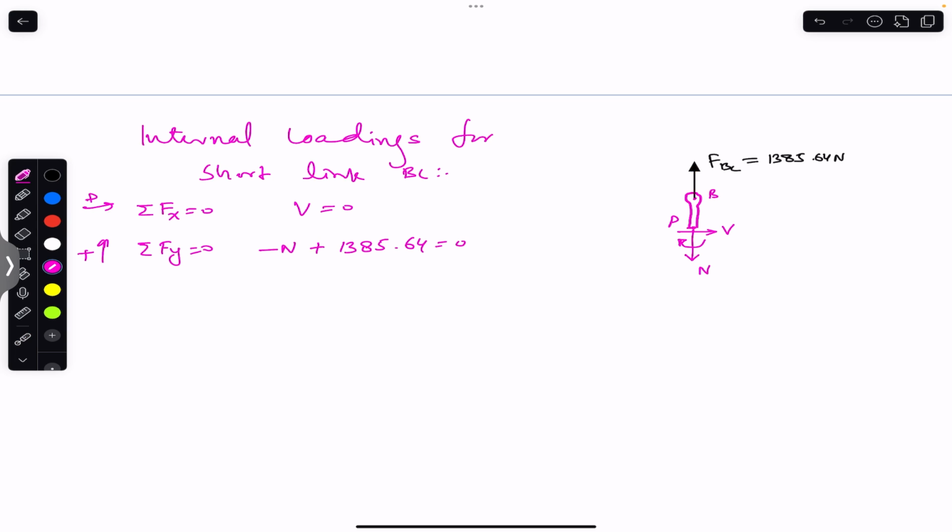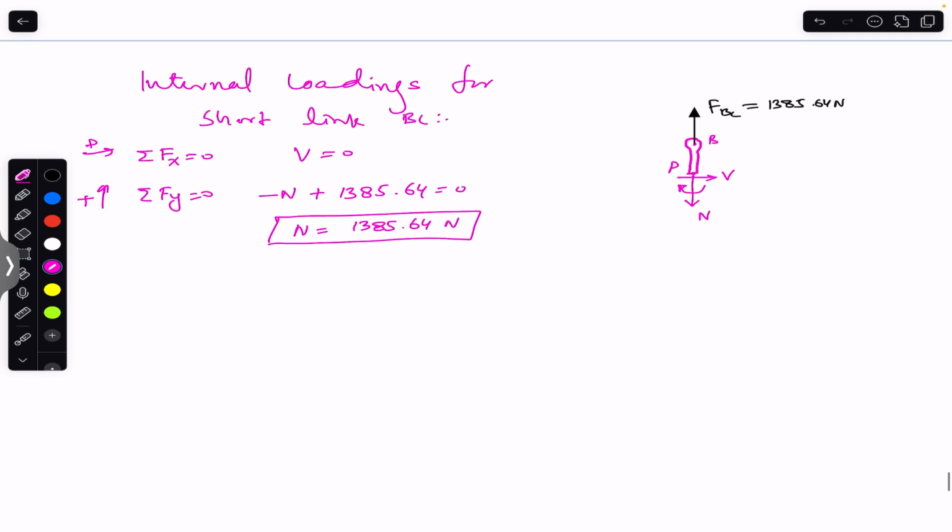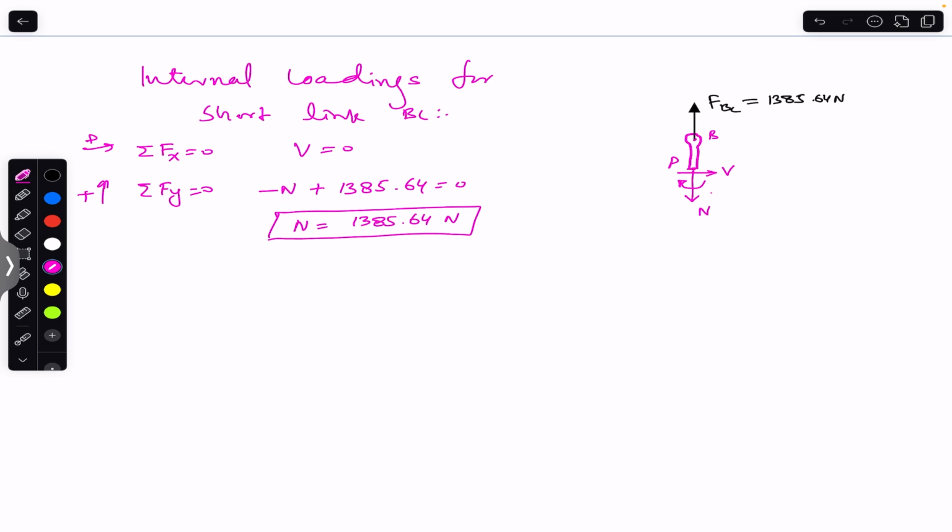This is equal to 0. And from this, we can say that the normal internal loadings at the cross section for this short link is 1385.64 Newton.